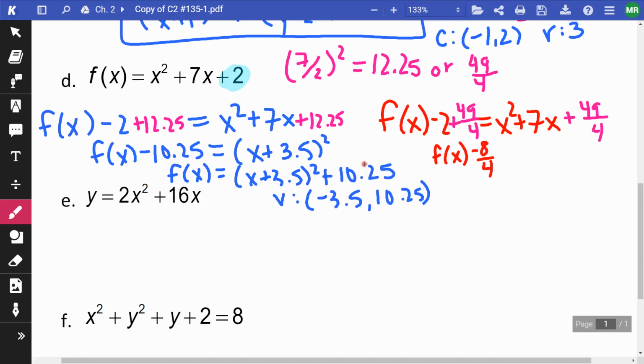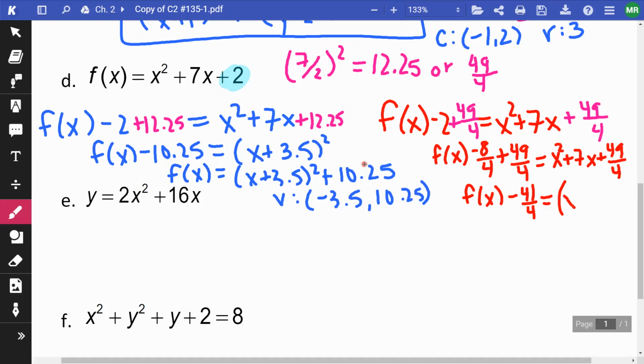That's the same as 2. Plus a 49 fourths is equal to x squared plus 7x plus 49 fourths. Okay, so this is going to be f of x minus 41 fourths is equal to the quantity.